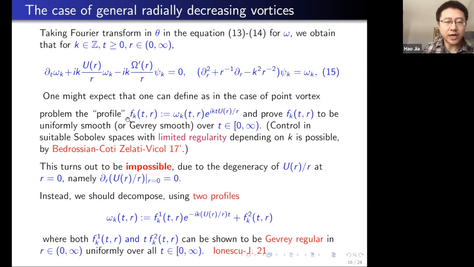The only reason why they were still able, almost miraculously, to get the sharp limited regularity in space over all time is because this term actually has some decay over time, but the decay is not infinite. The decay is algebraic in t, depending on k, so you can get that much control even if you introduce this artificial oscillatory factor. So that's the main result we obtained with Alex.